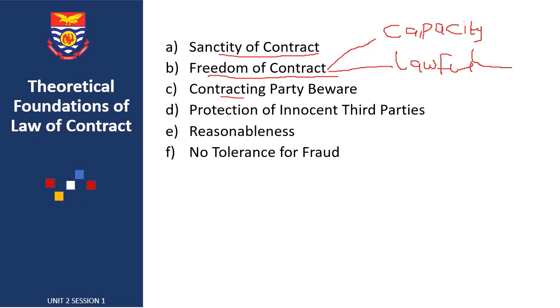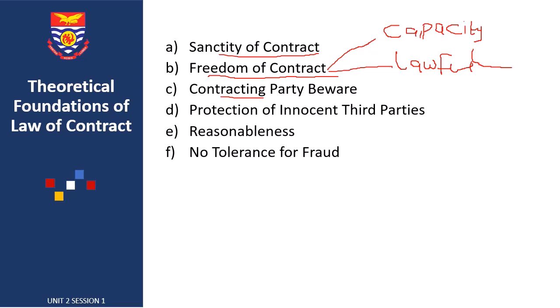The third one you want to consider is contracting parties beware. Here it means that all the parties entering into a contract should do their investigation well before they enter into it.